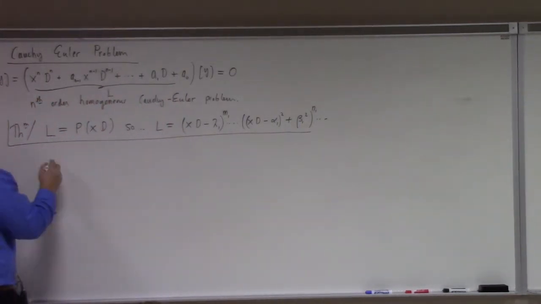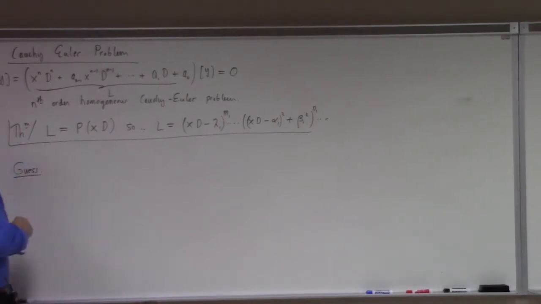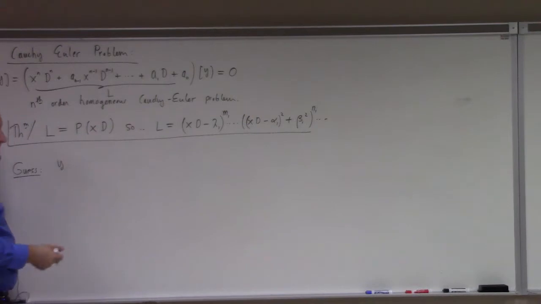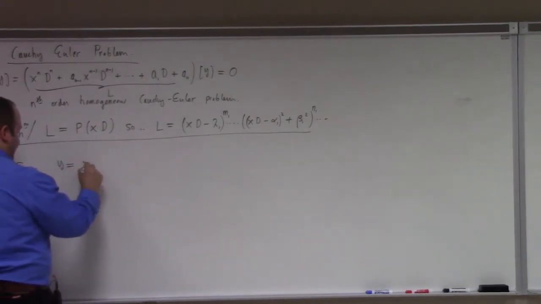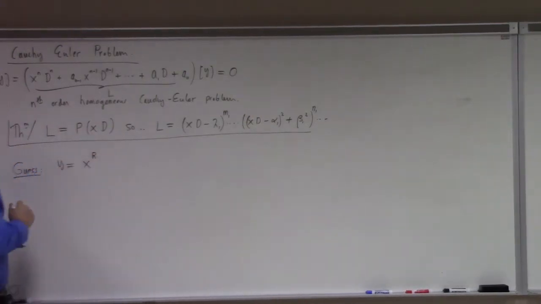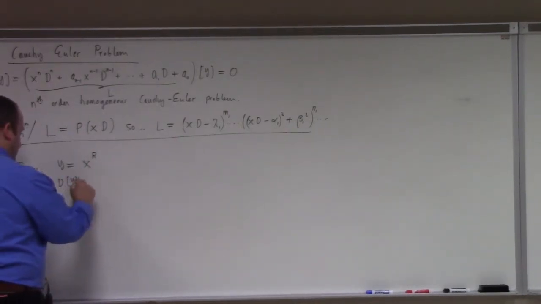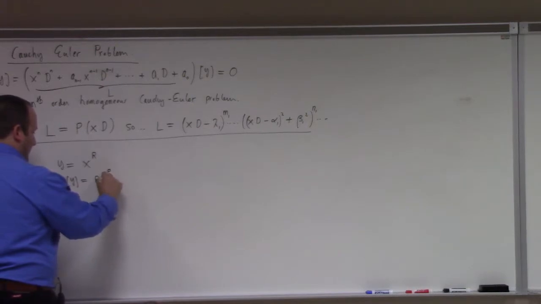What I'm going to do is take a really different approach, which is just to guess. Let's guess that our solution has the form x to the r. Now let's plug it in and see where it takes us. What's the derivative of y? It's rx to the r minus 1.